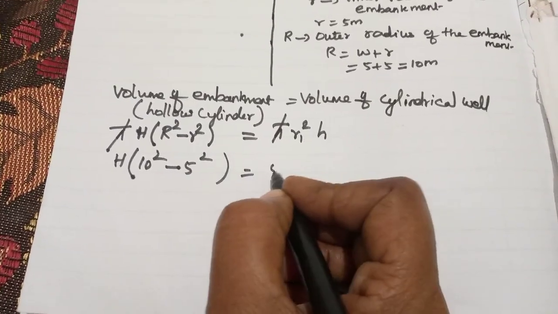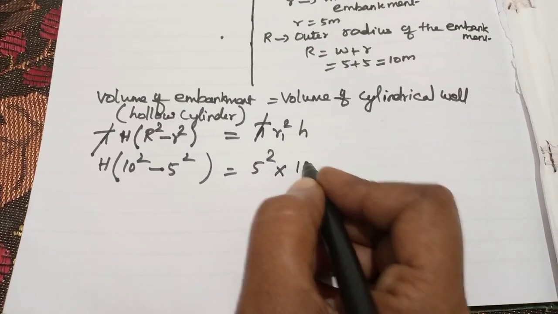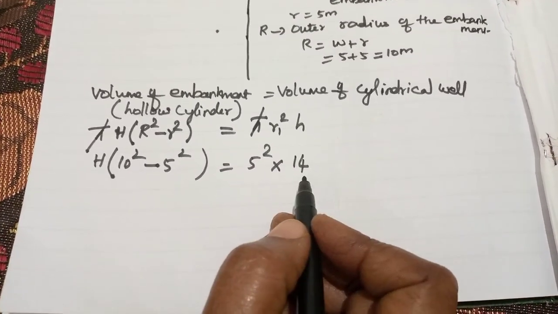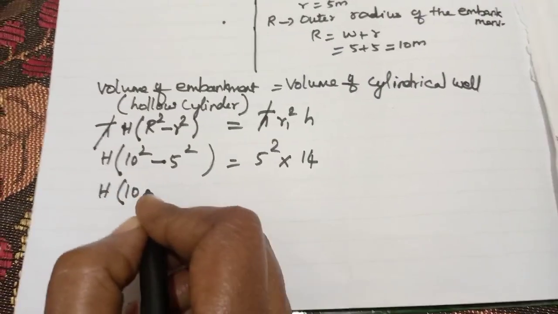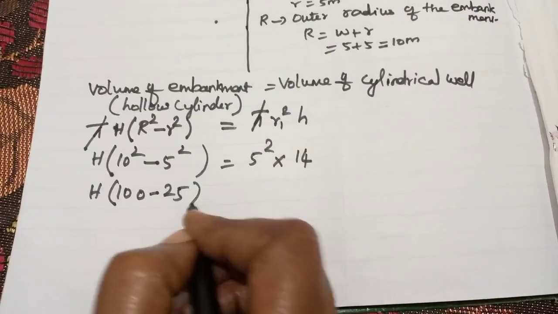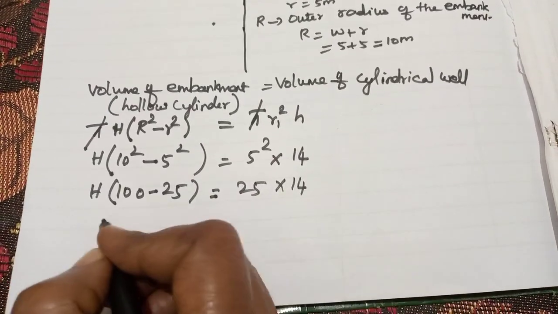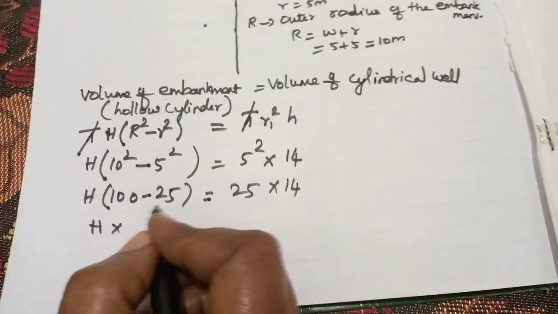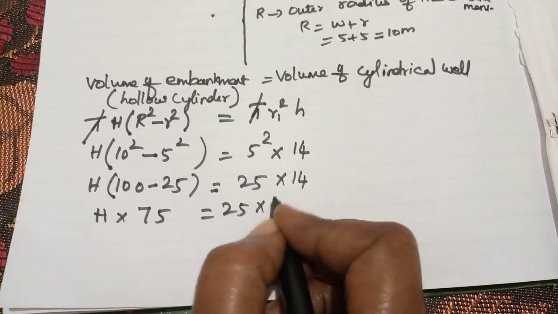here also R1 square is 5 squared into the cylinder's height, which is given as 14. Deep is given, that is the height. Height into 100 minus 25, 75, equals 25 into 14.